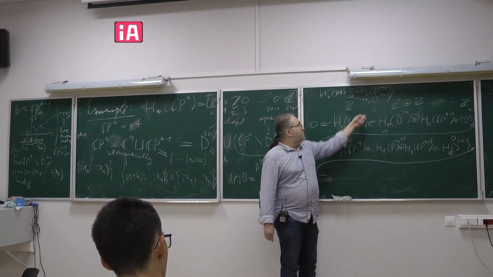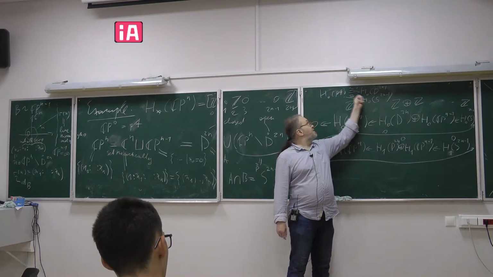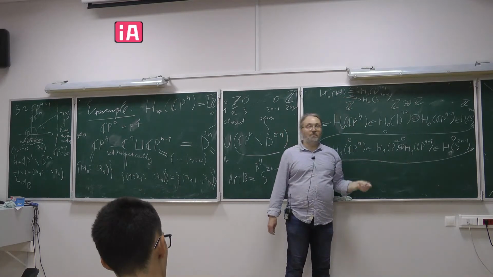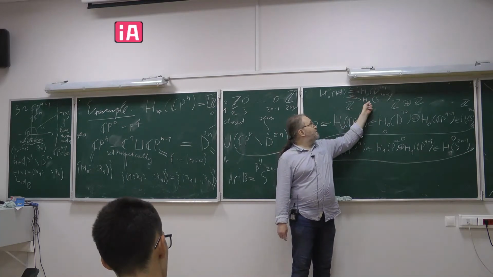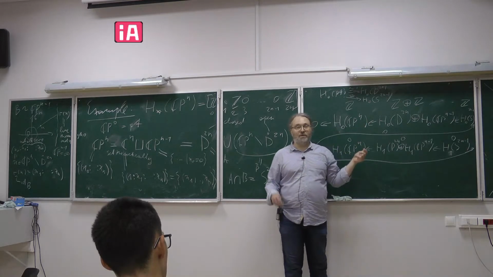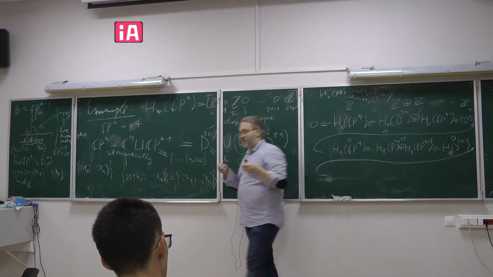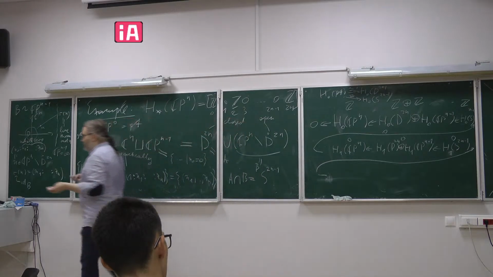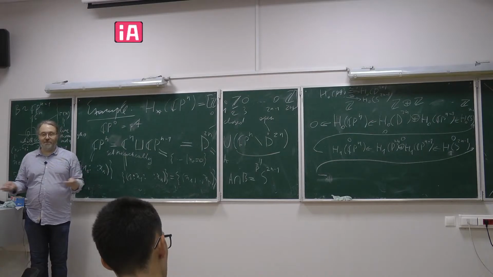What does this mean? This means that this H0 is Z plus this H0. But this means that this is an isomorphism between this and this. Why? Well, because Z cannot be a direct sum of Z and something else.